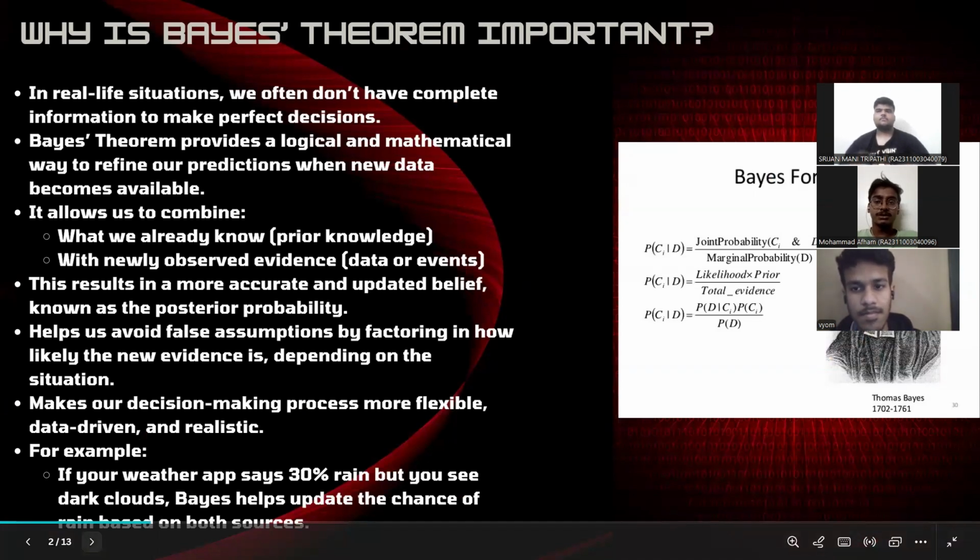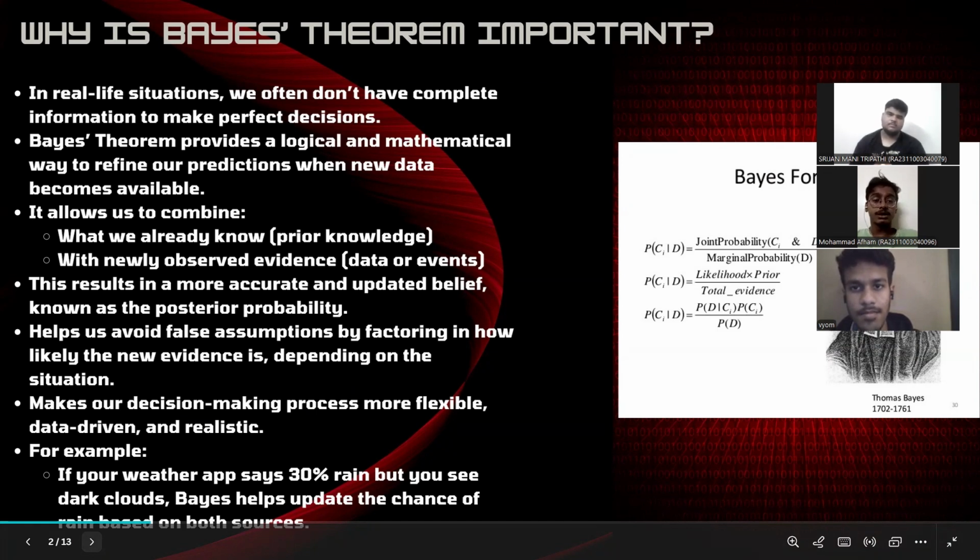Why is Bayes theorem important? In real life situations, we often don't have complete information to make perfect decisions. Bayes theorem provides a logical and mathematical way to refine our predictions when new data becomes available. It allows us to combine what we already know, which is prior knowledge, with newly observed evidence.